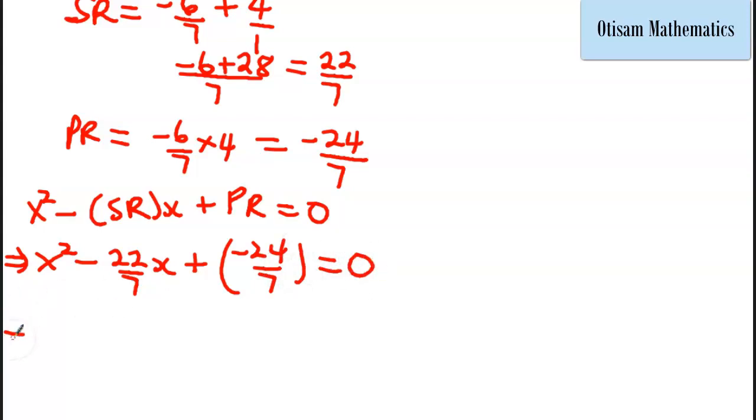So now anytime you have a fraction, you clear it by multiplying through each term by the LCM. So 7 times this is 7x squared, then minus 22x, minus 24 equal to 0. So that is our equation.